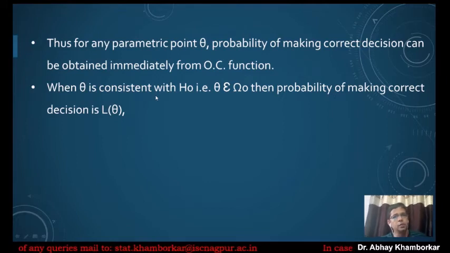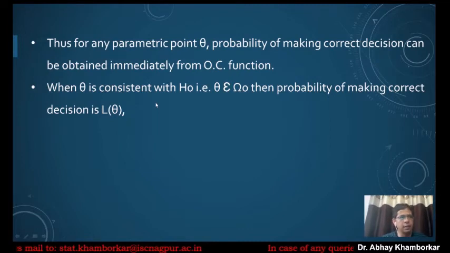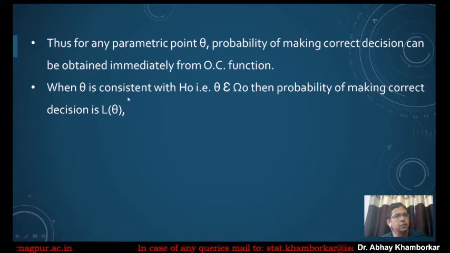And L theta is nothing but the probability of accepting the hypothesis h naught. 1 minus L theta means the probability of rejecting the hypothesis h naught. Now when theta is consistent with h naught, it means theta belongs to omega naught, which means h naught is true.